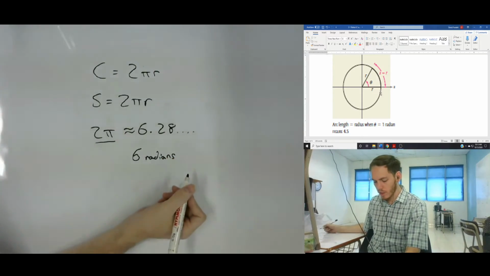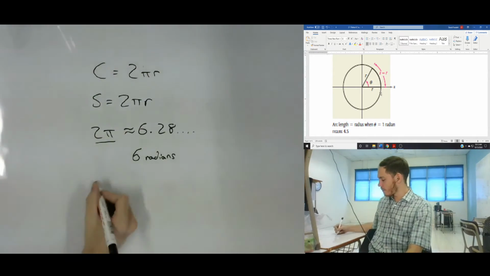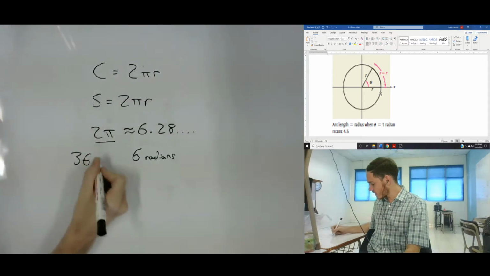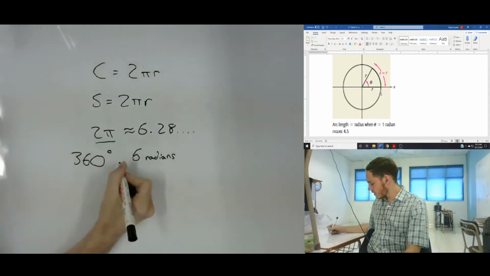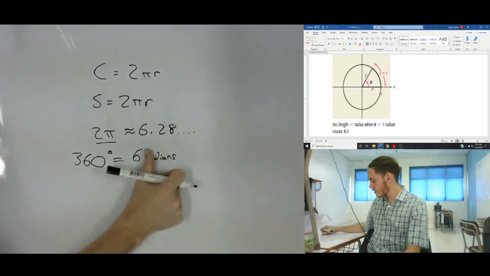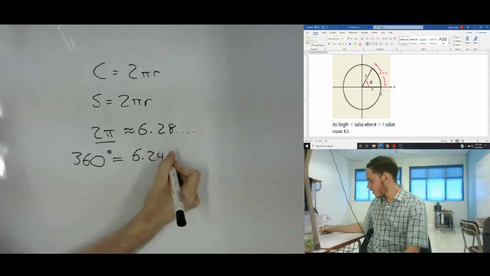Okay? So, how many degrees is 1 radian? Well, how many degrees are there in a circle? There are 360 degrees in a circle. So 360 equals, let's just do 6.24 r.